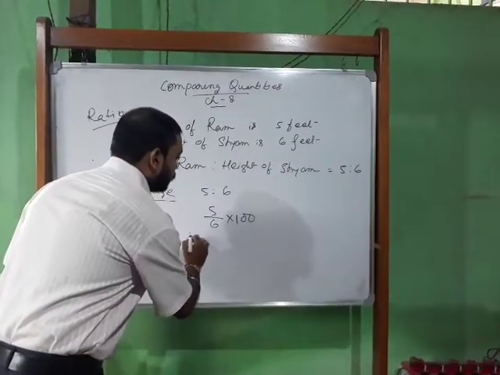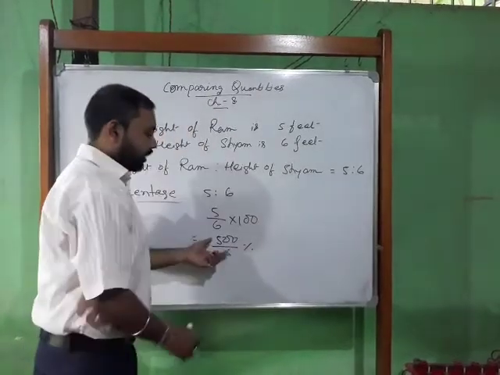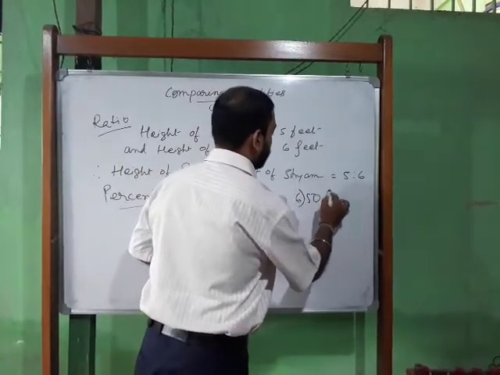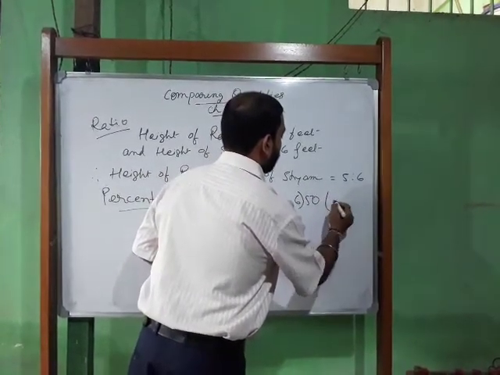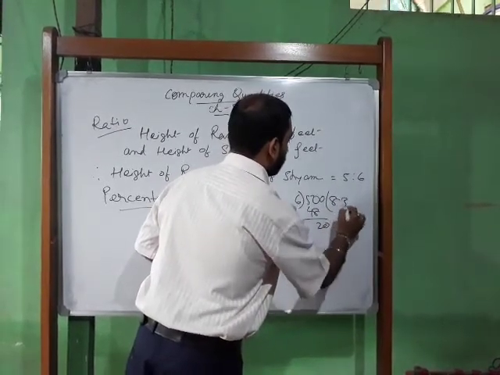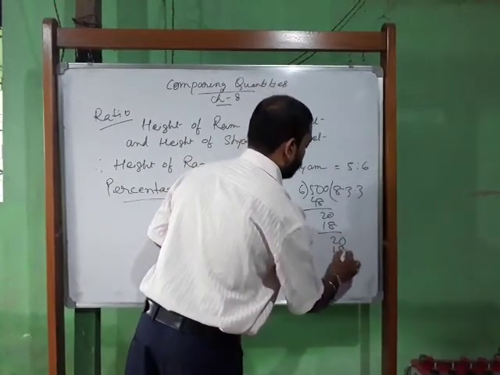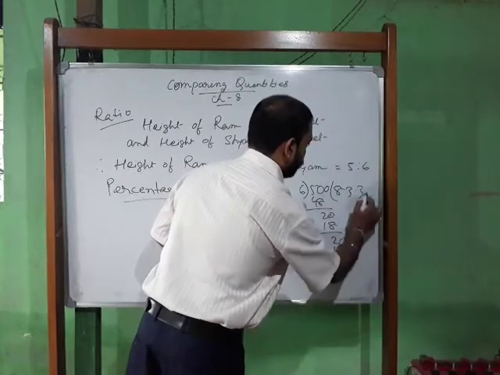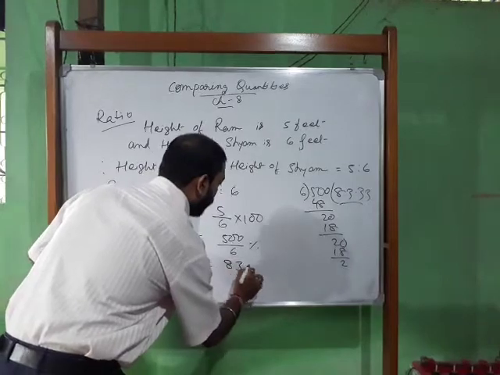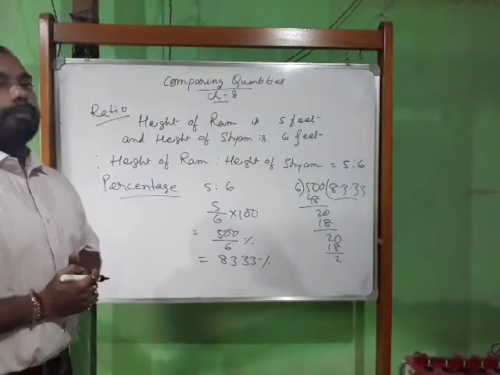So it will be 500 by 6 %, and this fraction can be converted into decimal. So it is 83.33%. This is the conversion to percentage.